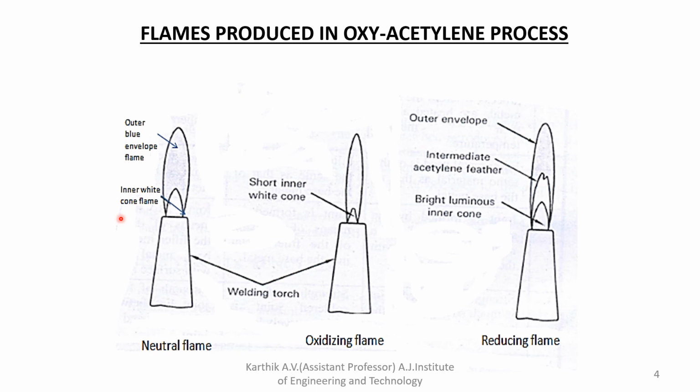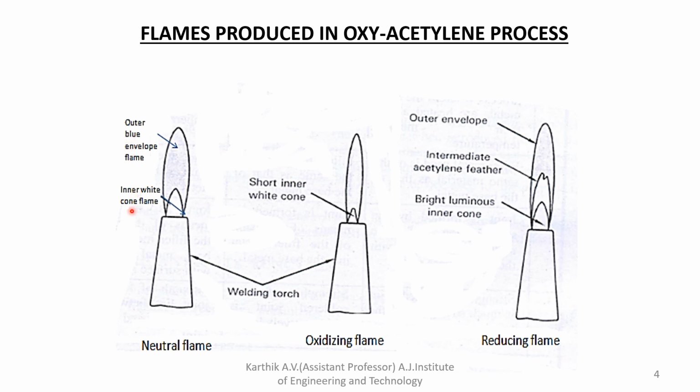So 50% acetylene gas and 50% oxygen gas we have to use. In that case we obtain an inner white cone flame, along with an outer blue envelope flame.